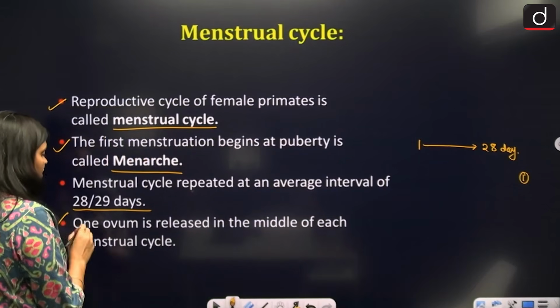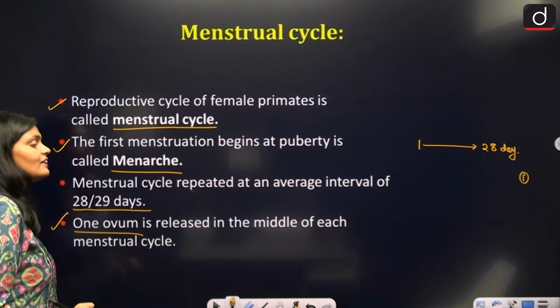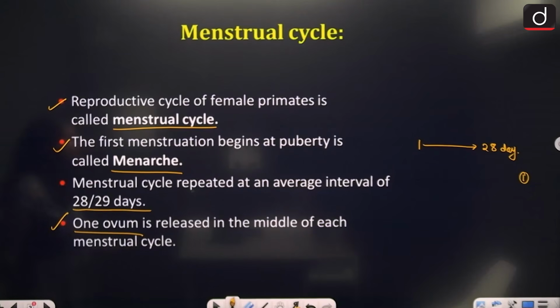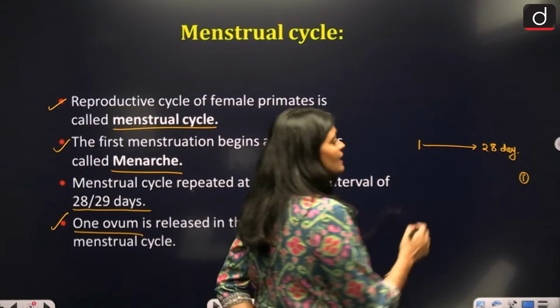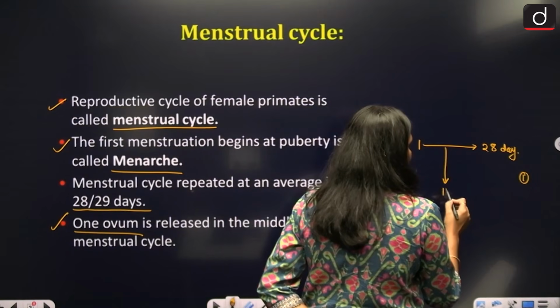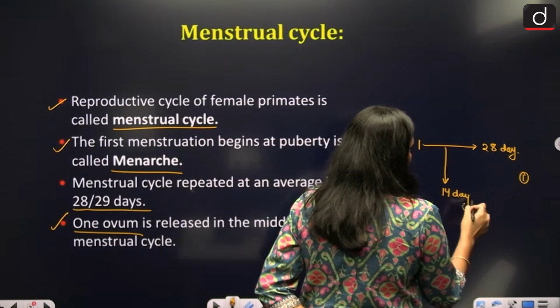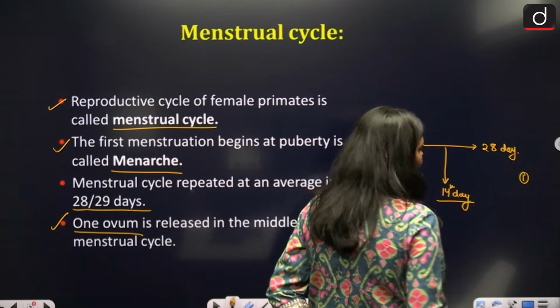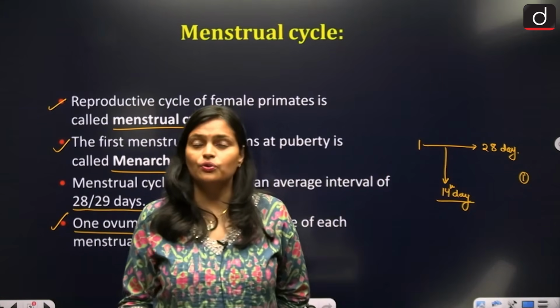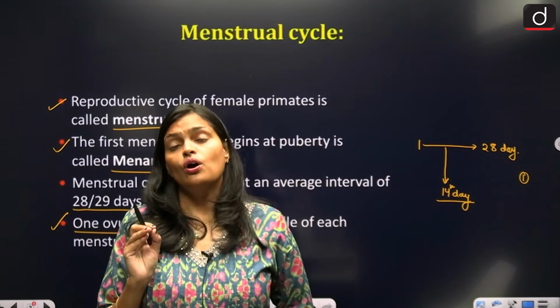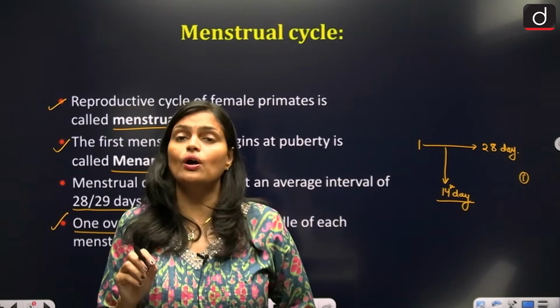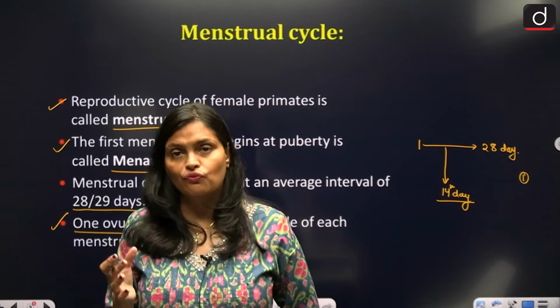One ovum is released in the middle of each menstrual cycle. Middle of each menstrual cycle means the 14th day. The 14th day is the day at which the egg releases from the follicle.